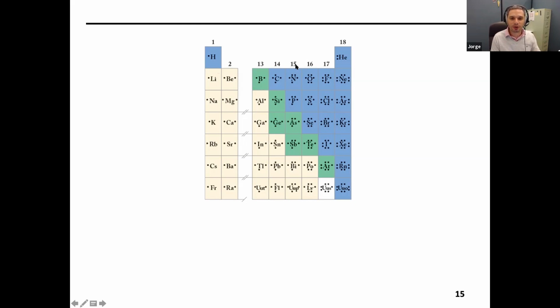Moving on to nitrogen, now we have 5 electrons: 1, 2, 3, 4, and 5. See here that I have a spot with a pair of electrons, so this spot will not be able to bond.